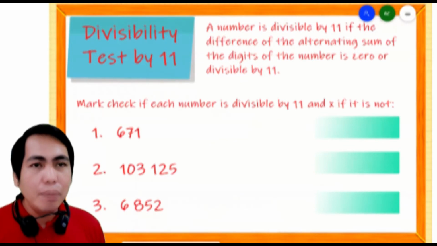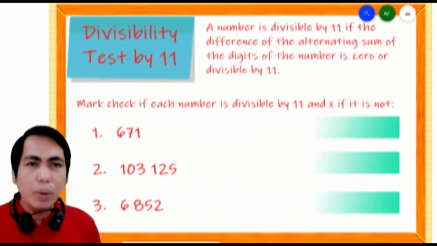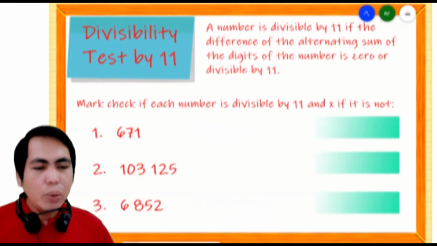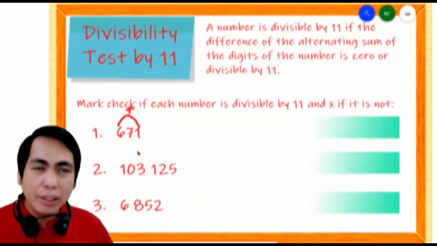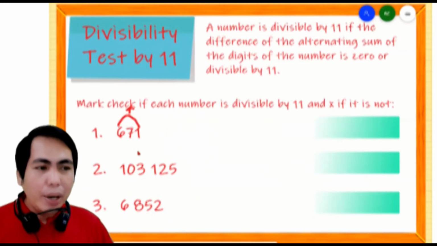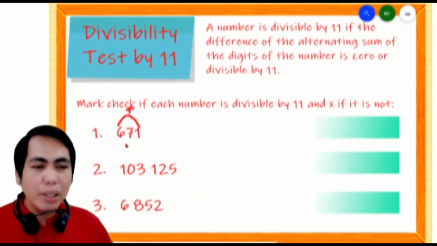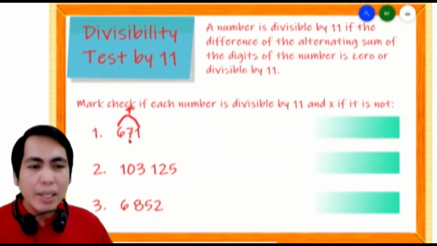So let us have example number 1, 671. According to the rule, we have to add the alternate digits. So in here, we have to add 6 and 1 to give us 7. We have to do also with 7 with its alternate digits. But the problem is, we don't have any more other digits to add with 7. So meaning to say, 7 will remain as 7.